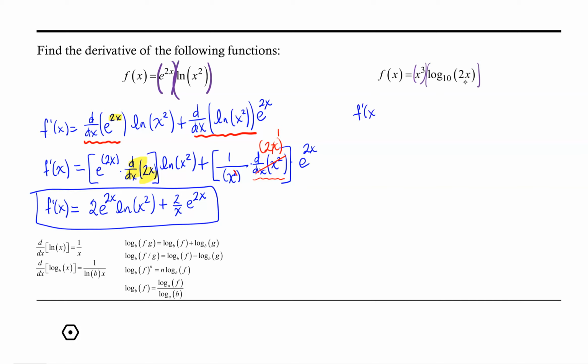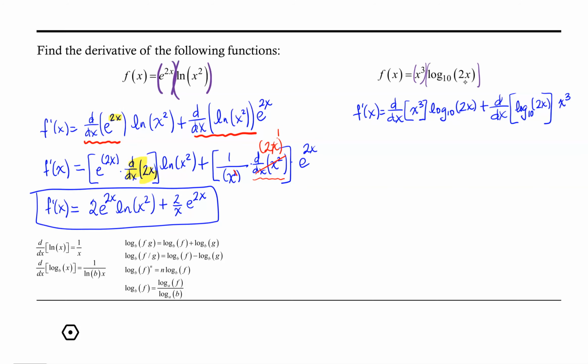So f prime of x is equal to, by the product rule, I will take the derivative of the first factor, the x cubed, times log base 10 of 2x, plus the derivative of the second factor, the log base 10 of 2x, times the first factor, which was our x cubed.